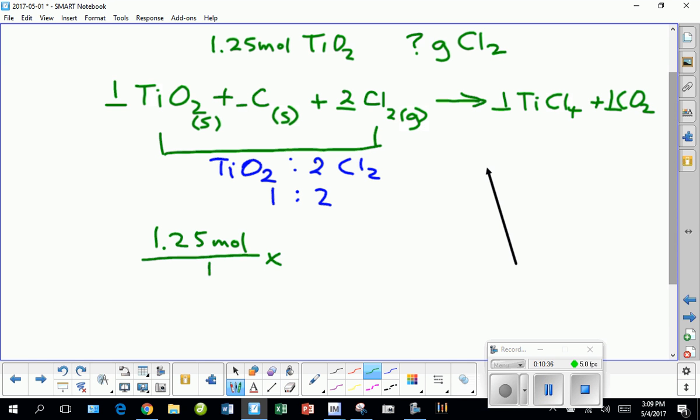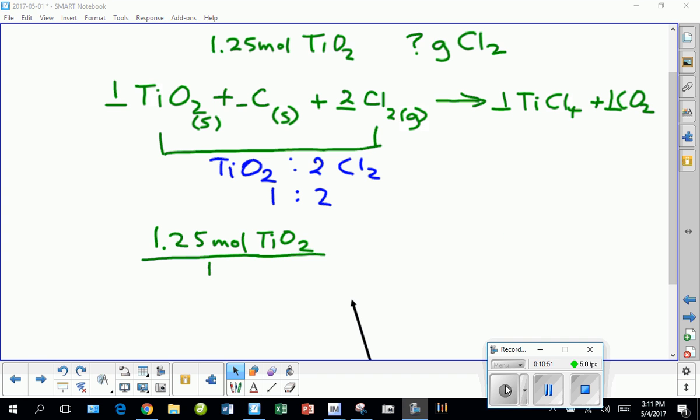Okay, our next guy is the mole ratio, and these are moles of TiO2. Let's get this out of here. There we go. And so now all we have to do is use our mole ratio.